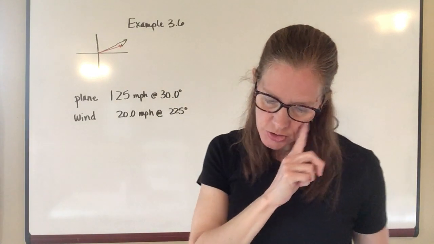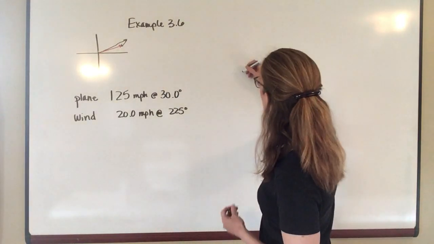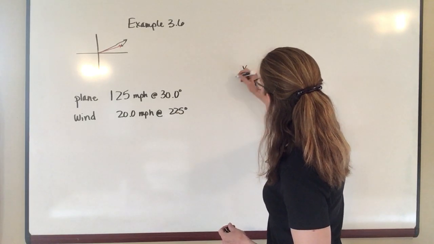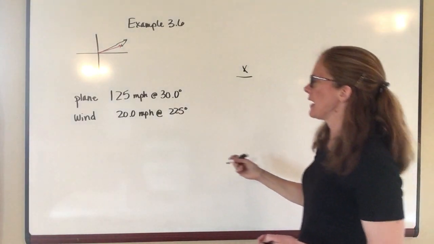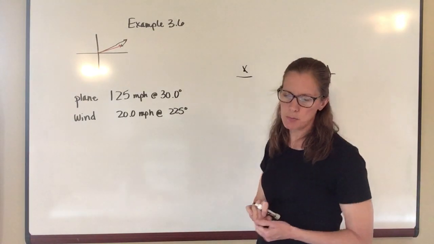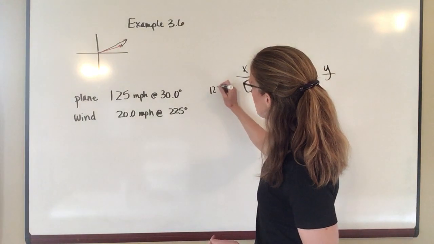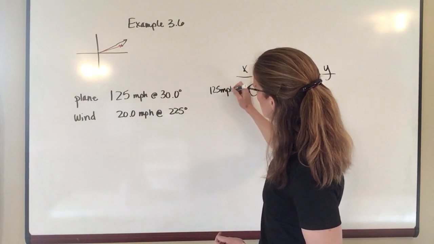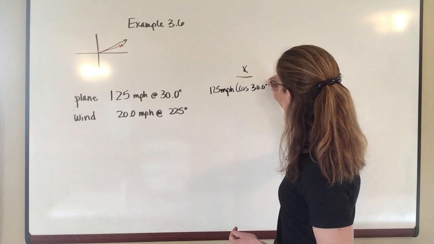All right, so we're going to first need to calculate the x and the y components of both the plane and the wind. And so you remember that the x component requires the cosine. So I'm going to take 125 miles per hour times the cosine of 30 degrees.